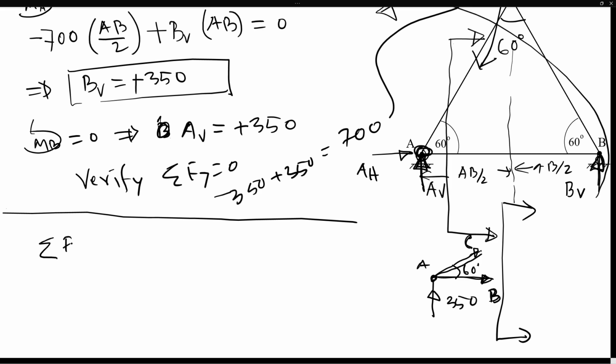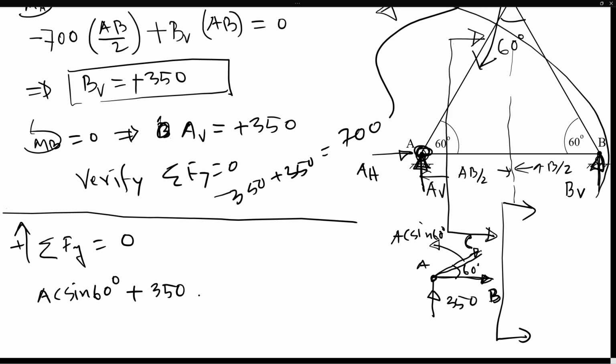So if you write summation of Fy is equal to 0, upward direction positive, then we can do AC sine 60 degree, the component of AC in the vertical direction, plus the 350 reaction force also acting upward vertically, everything summed to 0.